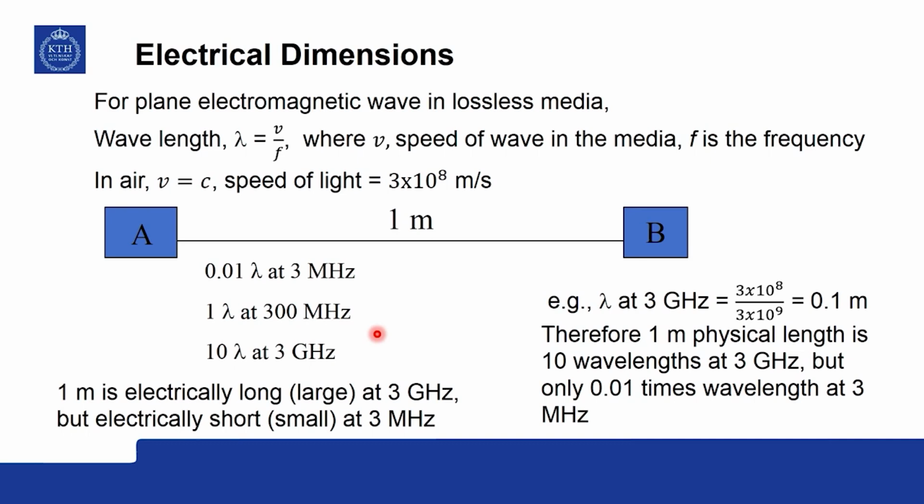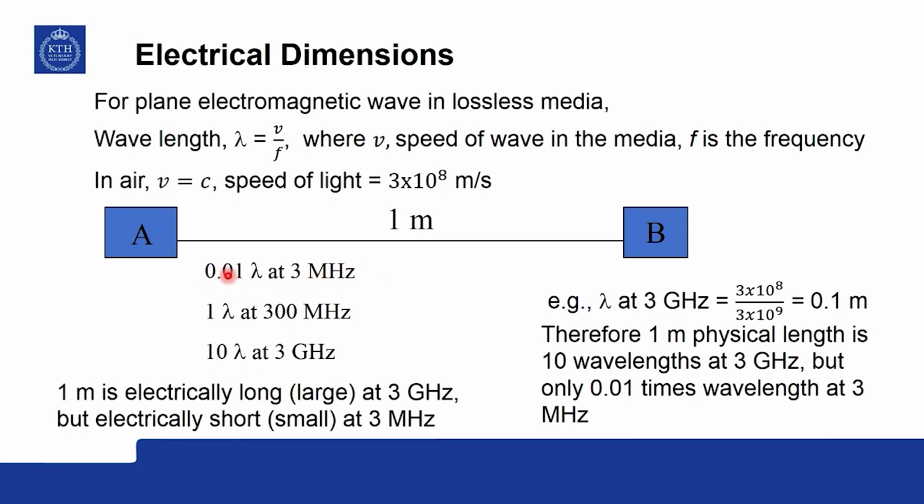That is the speed, 3 into 10 to the power of 8, divided by the frequency 300 megahertz, which gives you 1 meter. So, this is one wavelength at 300 megahertz, but at 3 megahertz, which is 1/100th of the frequency, this is only 0.01 wavelength, because the wavelength at 3 megahertz is 100 meters.